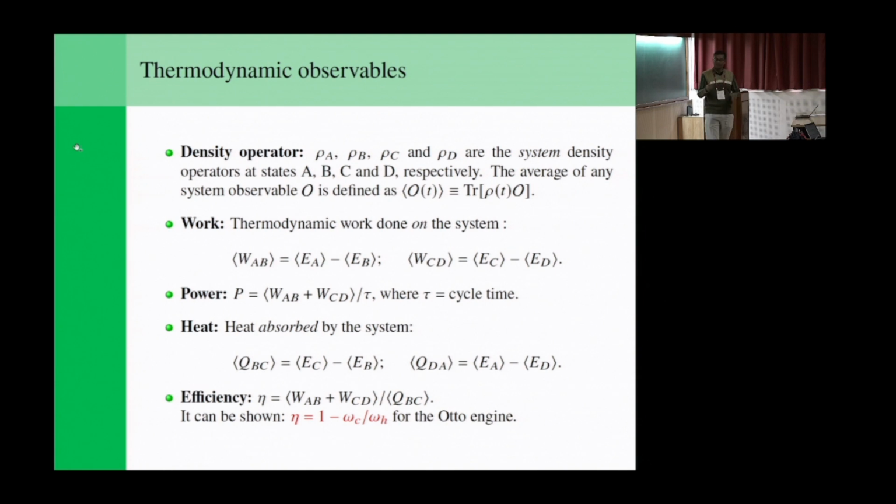Heat is calculated by the energy differences for the non-unitary steps. And this is the efficiency defined in the usual manner. It can be shown that for this engine, the efficiency is simply given by 1 minus omega C by omega H, where omega C by omega H is the ratio of the smaller energy gap and the larger energy gap.